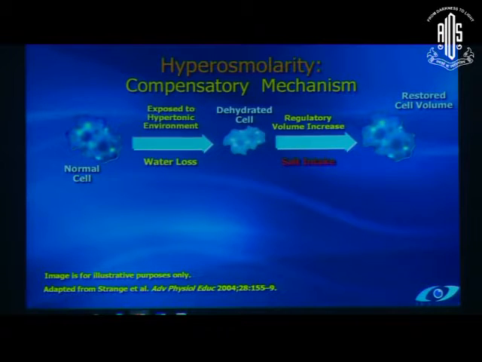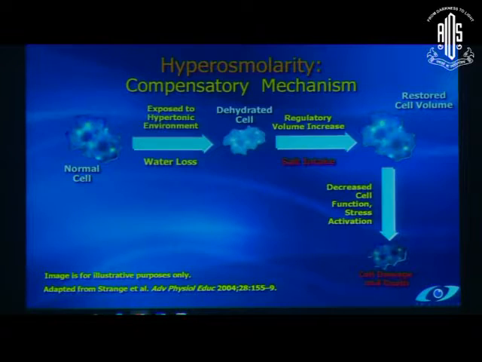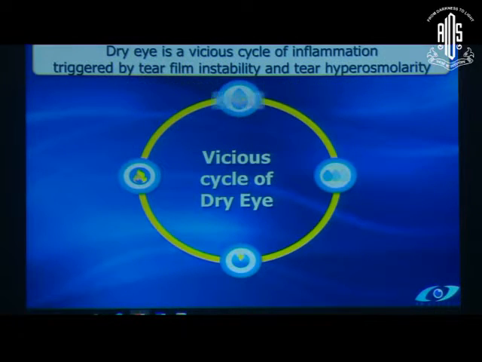So it does what is called a regulatory volume increase and starts to take in various salts, which restore the cell volume because they bring in the water with it. But because of the hyperkalemia and the hypernatremia that sets up inside the cell, there's a reduction in the cell function, and there is activation of the stress system, and there is cell damage and death. So this is pretty much what happens to all the corneal epithelial cells in the hyperosmolarity stage.